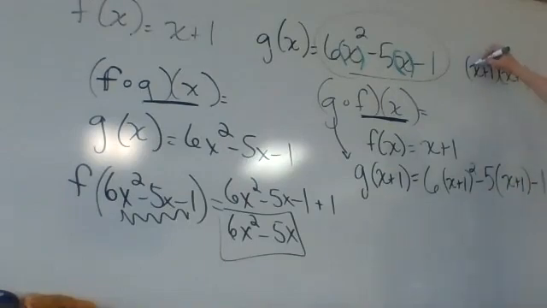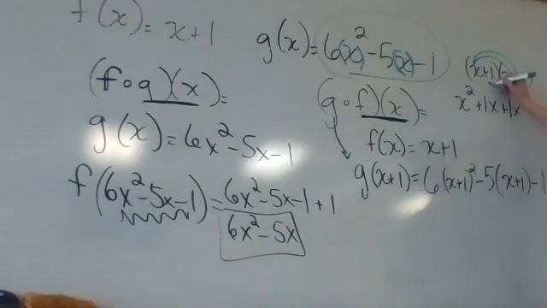My first, x times x gives me x squared. My outer, x times 1 is 1x. My inner, 1 times x is another 1x. And my last, 1 times 1 is positive 1.